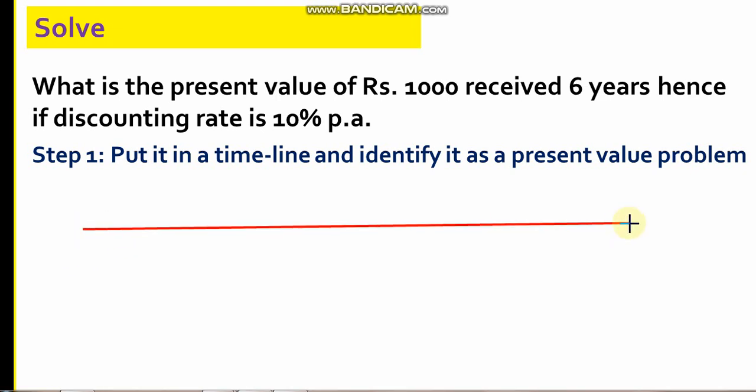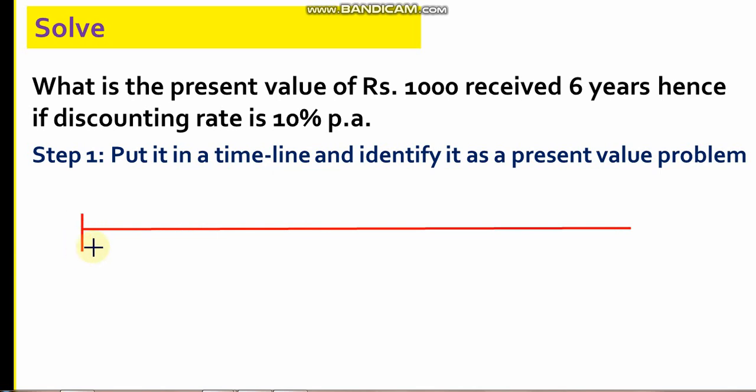This timeline starts from today, that is time 0. Then it moves till the 6th year: 1, 2, 3, 4, 5 and 6. Let me write that. So this is today, 0, 1, 2, 3, 4, 5 and 6th.